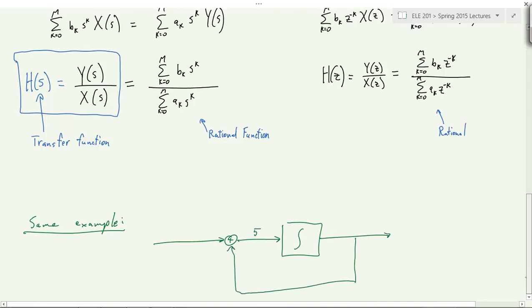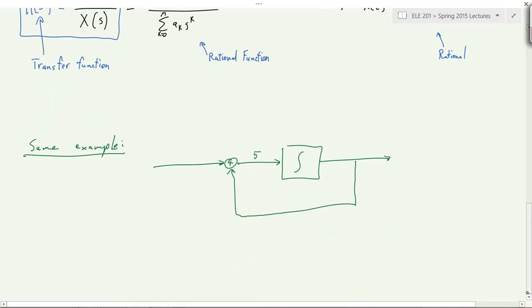Now, we wrote out a differential equation and then we took the Laplace transform. In fact, it's often easiest to just take the Laplace transform in the first place. So for example, say what comes in here is x of t. Let's call that x of s. What comes out here is y of s.